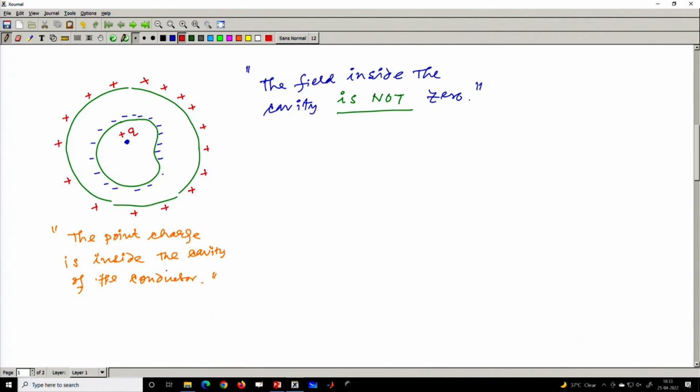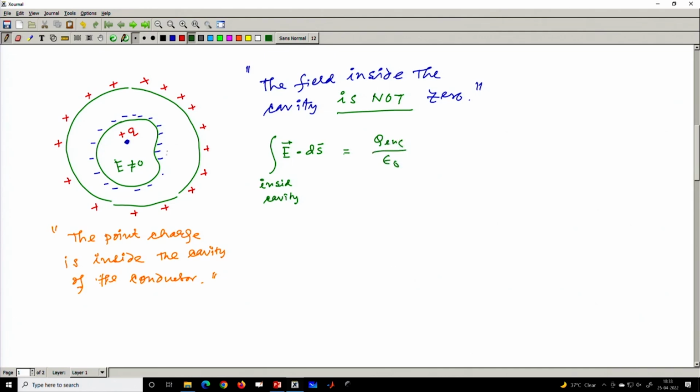Here the important thing is that my E should not be 0, and using simply Gauss's law, if I make a Gaussian surface here, we have the integral of E dot ds inside the cavity equal to the total charge enclosed divided by epsilon 0.